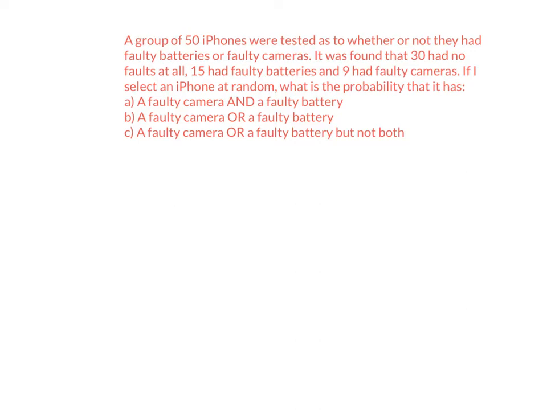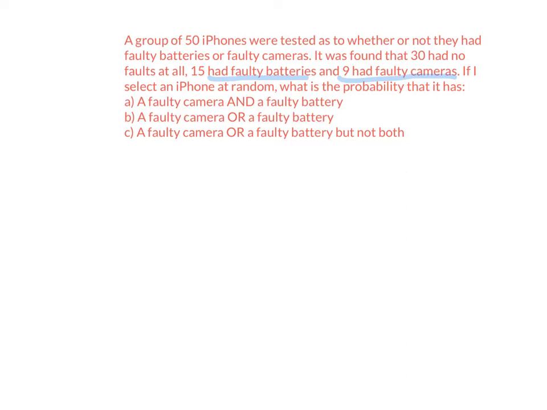So here we have two sets. We're looking at iPhones that have faulty batteries, so that's one set, and faulty cameras, that's another set. So two sets, straight away I know I am going to use two-way tables and Venn diagrams to make the information visible in a convenient way. So that's what I'm going to do here.